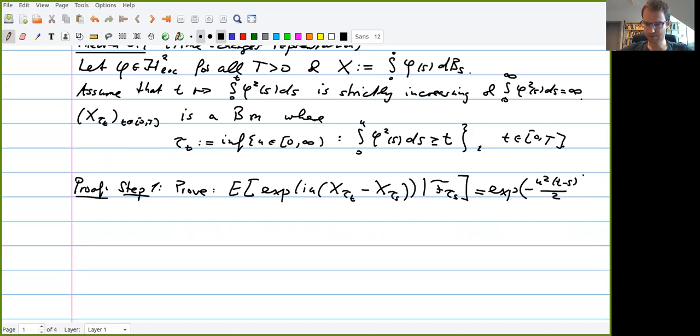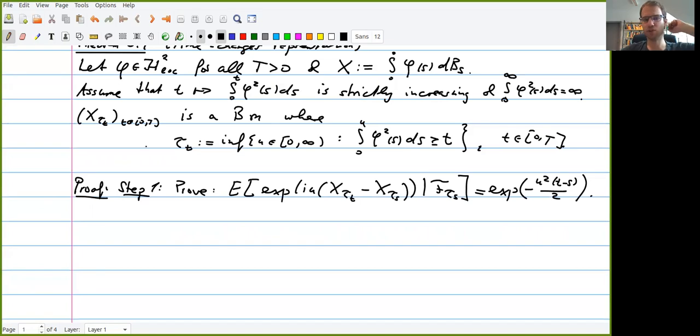Because if I know this, it is pretty clear that this time changed process x is normally distributed, and from this also follows rather simply in step 2 that the process has independent increments.